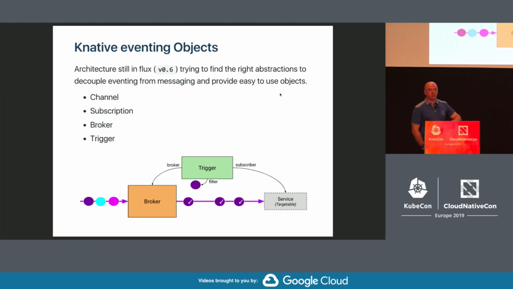Channel and subscription are some of the objects that you have, and now there is also broker and trigger. These are API objects, just like you have in Kubernetes deployment services and so on. These are extensions of the Kubernetes API that you can use in Knative. And with those, you're going to be able to say, hey, my events should go to this broker.